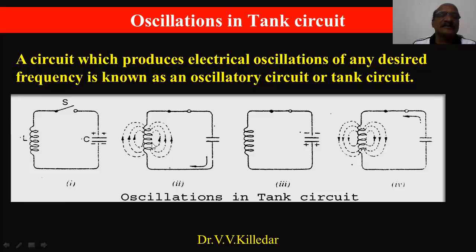So there is a change in flux, and it produces an induced current or induced voltage according to the Faraday-Lenz law, and it will charge the capacitor with opposite polarity. When the charging current stops, again the capacitor discharges through the coil. So this charging and discharging process of the condenser continues, and as a result, electrical oscillations are produced in this circuit.